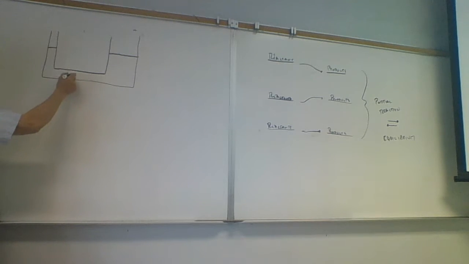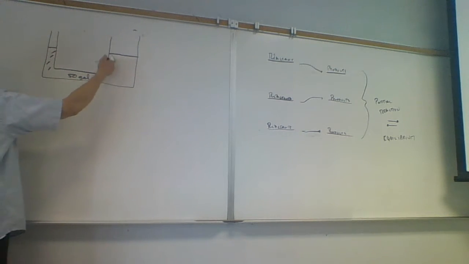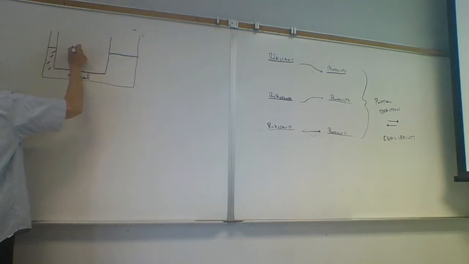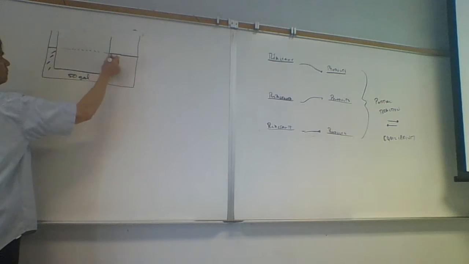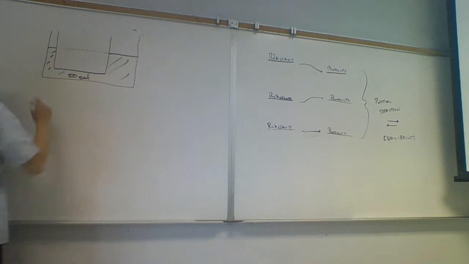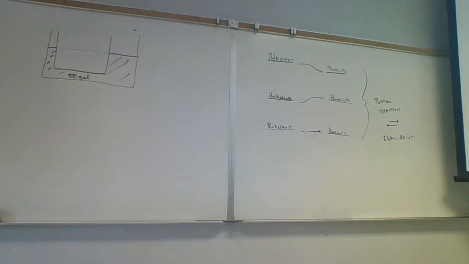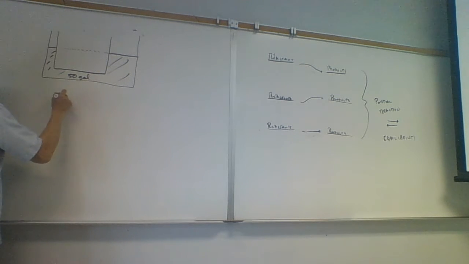If I put 50 gallons of water in here, what I'm going to see is that the two water levels are going to be equal at equilibrium. And that there's going to be no further change in the height or the level of the water here. And so this is a system at equilibrium.